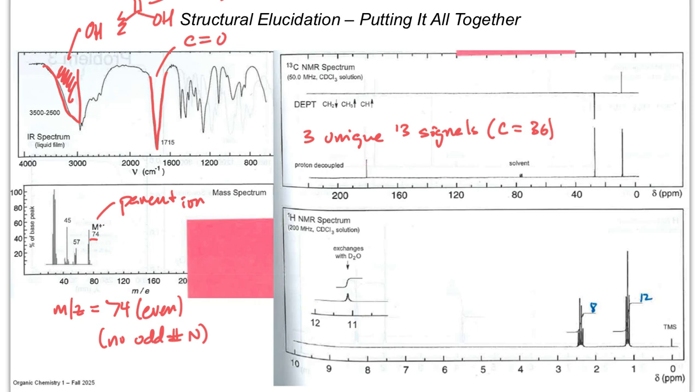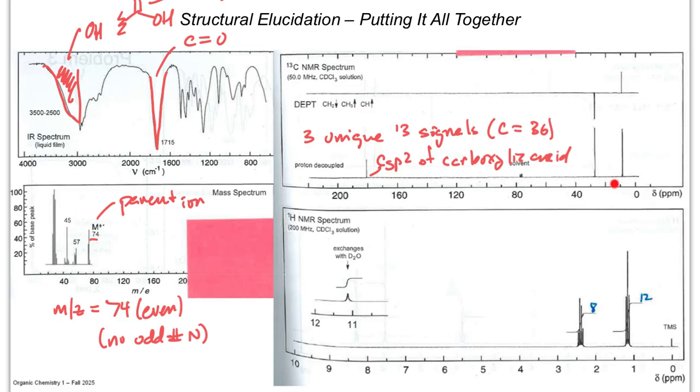So of the 1, 2, 3, we can assign that signal to the sp2 hybridized carbon. So that leaves us 2 signals.